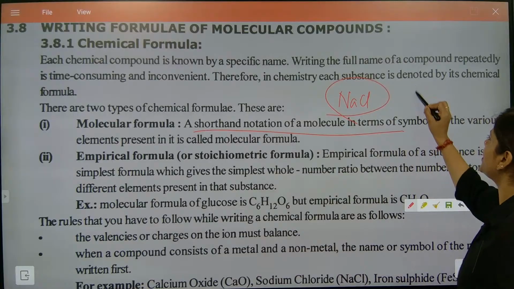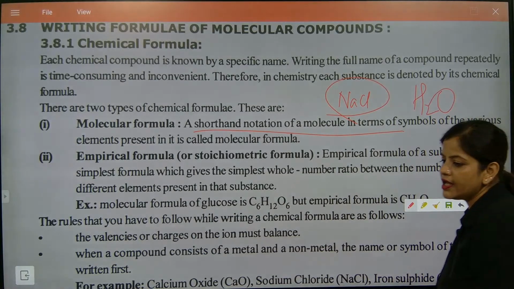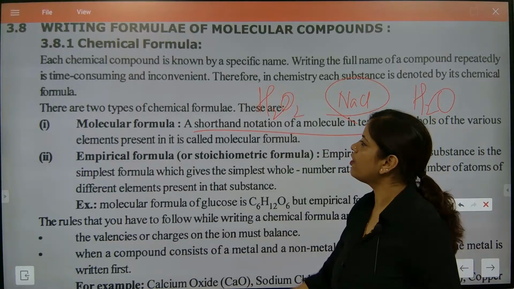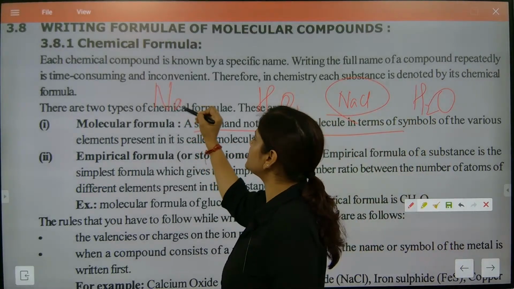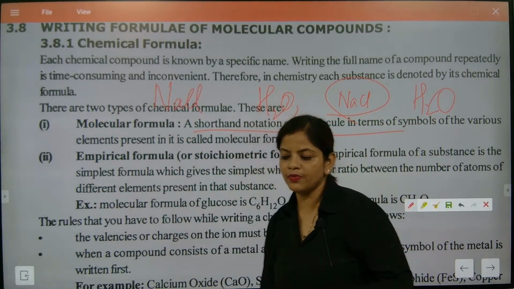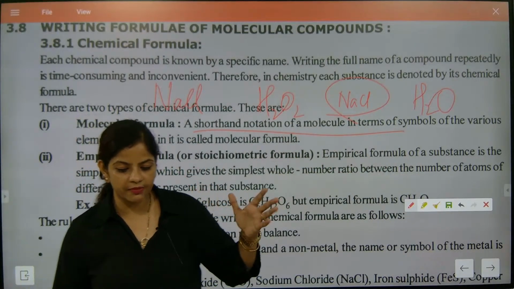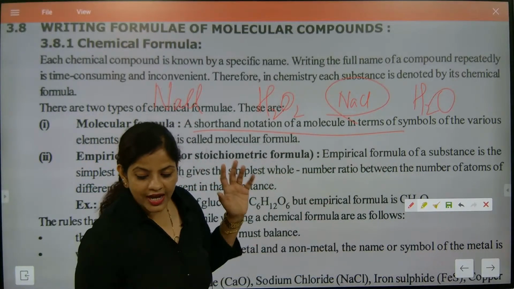Understood? Now H2O. What is that? Molecular formula. H2O2. What is that? Molecular formula. NaCl. What is that? Molecular formula. CO2 is also a molecular formula, one single unit.